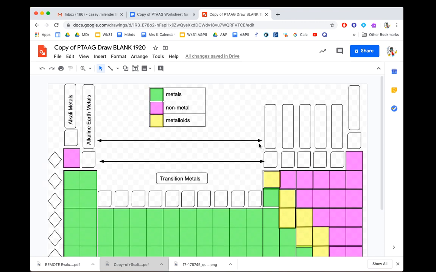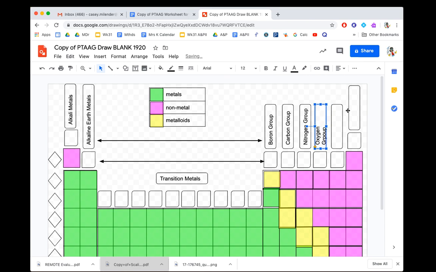So, continuing on with family or group names, this group is called the boron group. This is called the carbon group. This is called the nitrogen group. And this is called the oxygen group.